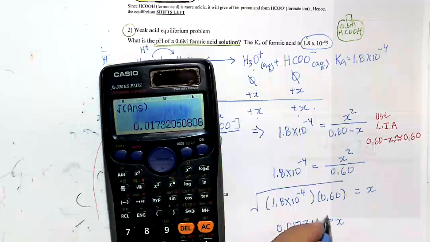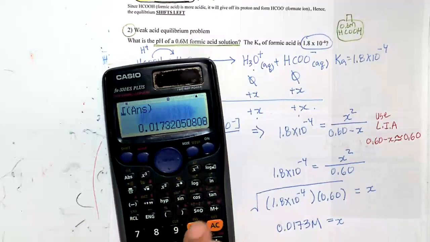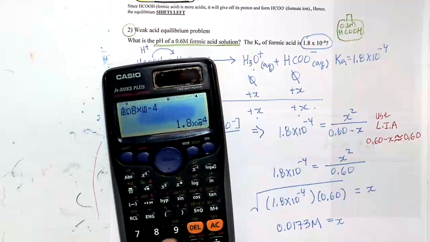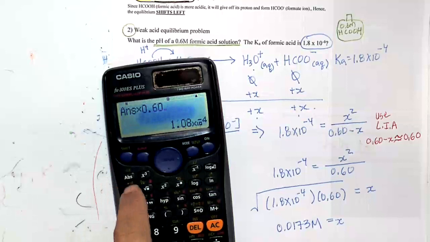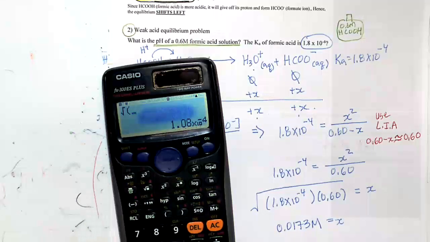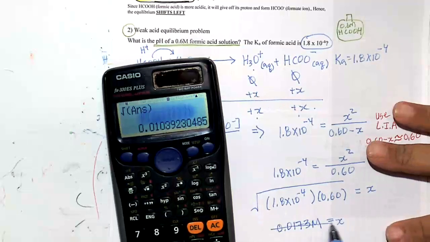Make sure you do that right. Let me just double check this again. 1.8 times 10 to the minus 4 times 0.60, square root that. Man, I'm getting a different answer.